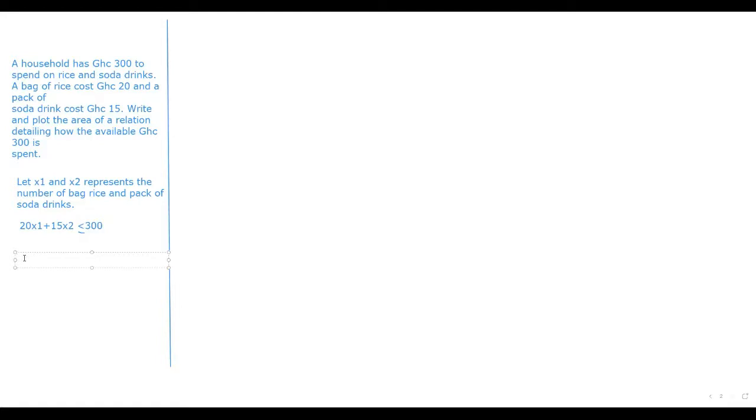Where x1 is 0, x2 becomes 15 x2 less than or equal to 300.